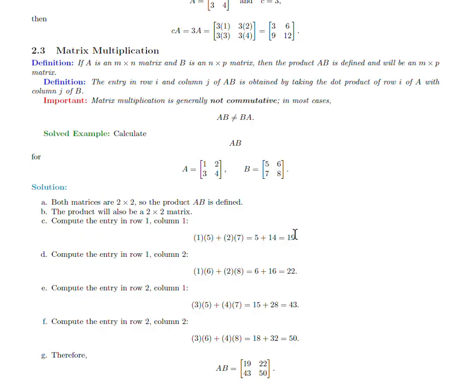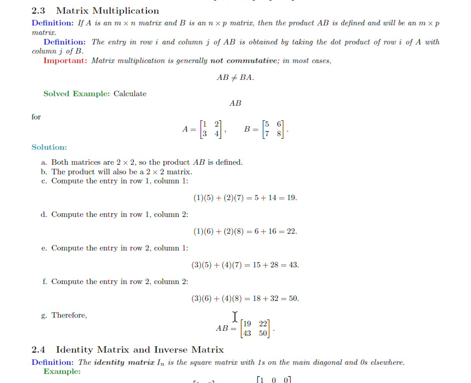That gives us 19. That will give us our first element in the product A times B, which is 19. That will be on the first row, first column, row 1, column 1.